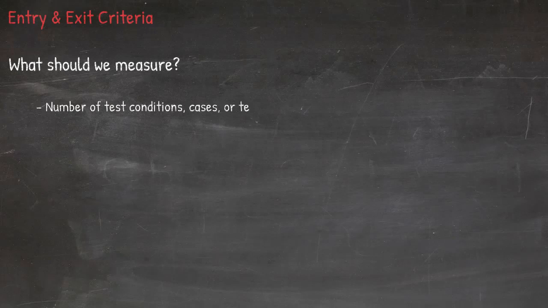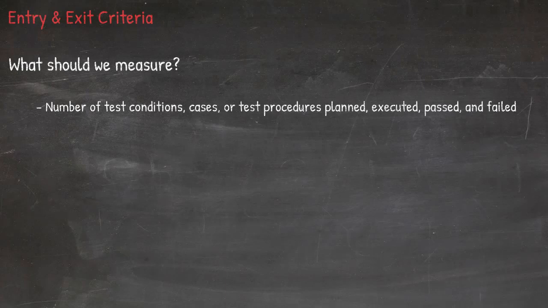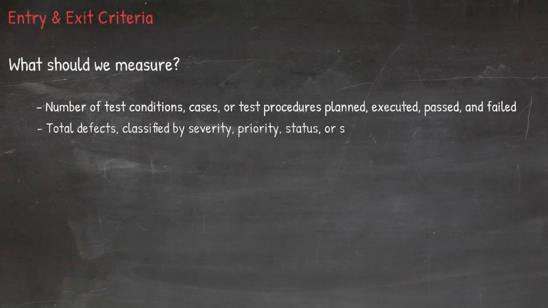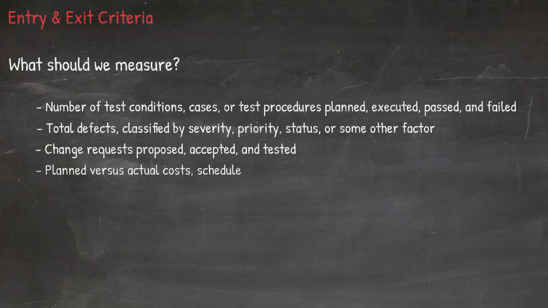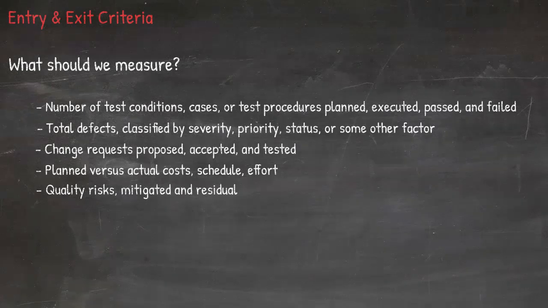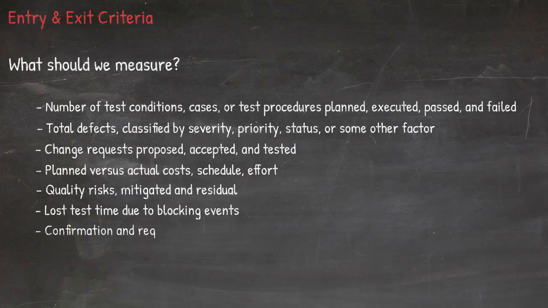Number of test conditions, number of test cases, or number of test procedures planned, test execution stage and how many passed or failed test cases for any specific point in time, total defects as grouped by severity, priority, or any other filters, number of change requests proposed, accepted, and actually tested, planned versus actual cost, schedule, or effort, number of quality risks mitigated and remaining residual risk, time lost due to blocking defects, also called blockers, state of the regression test, like number of regression issues, and so on.